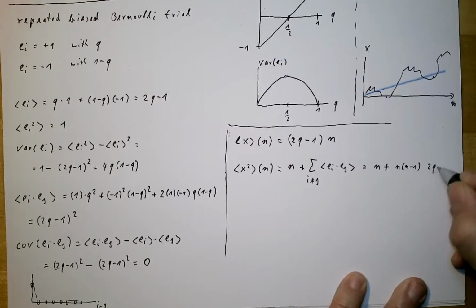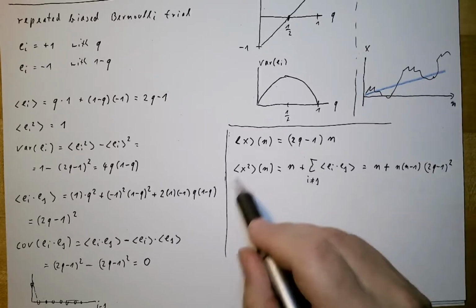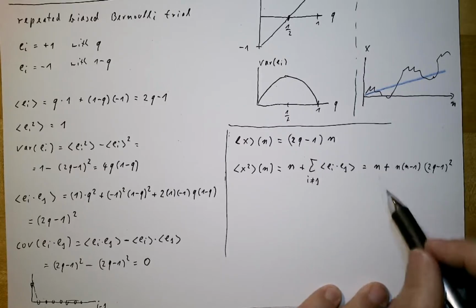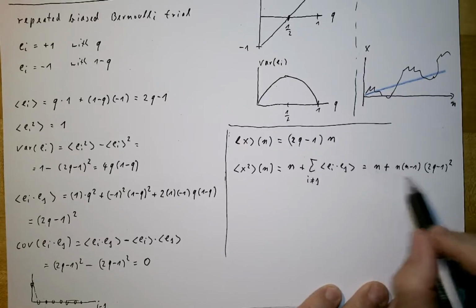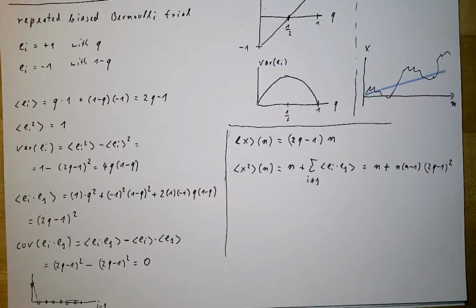So times 2q minus 1 squared. So that's the expression for the second moment. But now when you look at this, you see there is a term proportional to n and a term proportional to n squared. So, oh wow, this means we don't actually have a power law here.